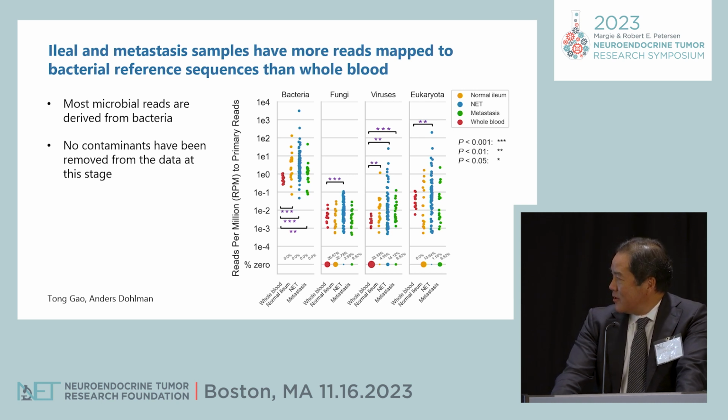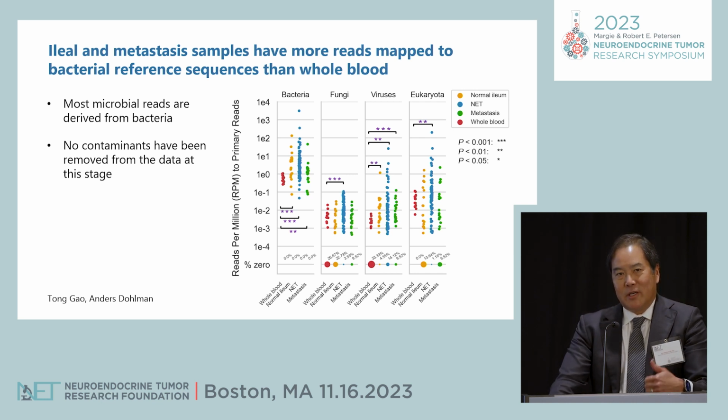Also of note, at a lower level, more fungal reads, viral reads, and eukaryotic reads were found in this patient cohort. The eukaryotic reads are single-cell organisms that are protozoa or archaea.